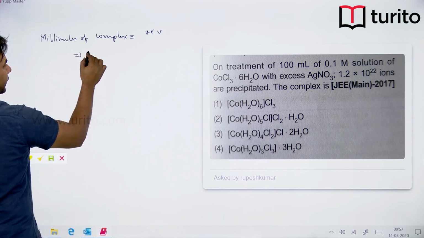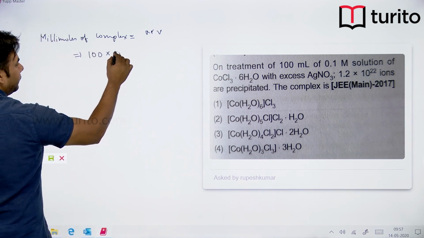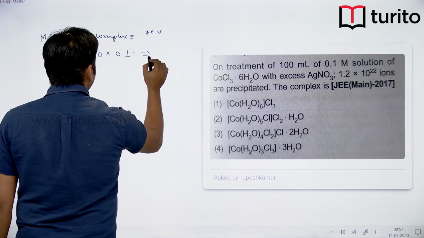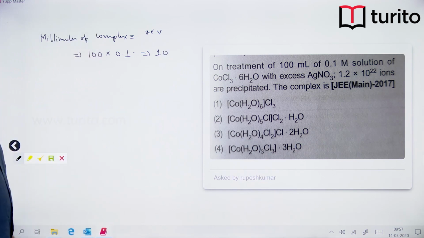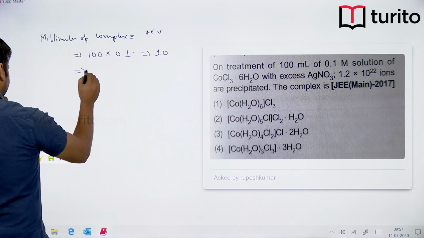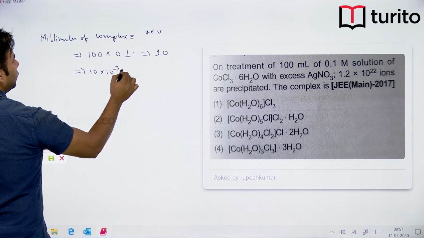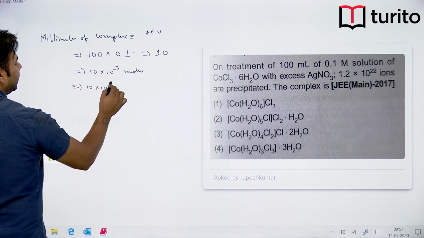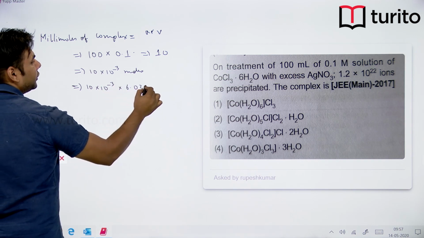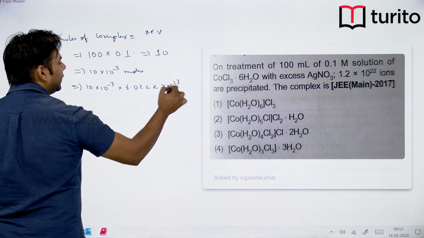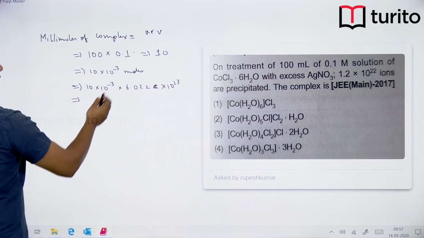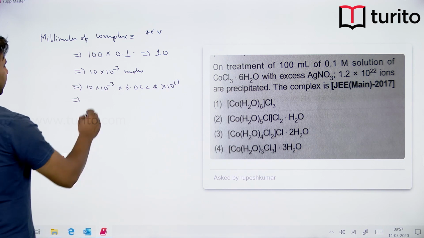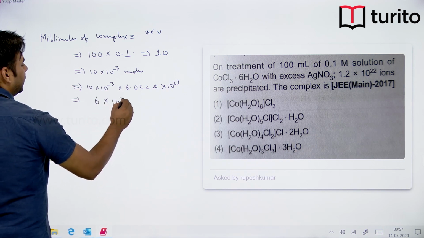Molarity is 0.1 and volume is 100, so it is 10 millimoles, or 10 × 10^-3 moles. In terms of number, multiply by Avogadro's number, 6.022 × 10^23, which gives about 6 × 10^21.